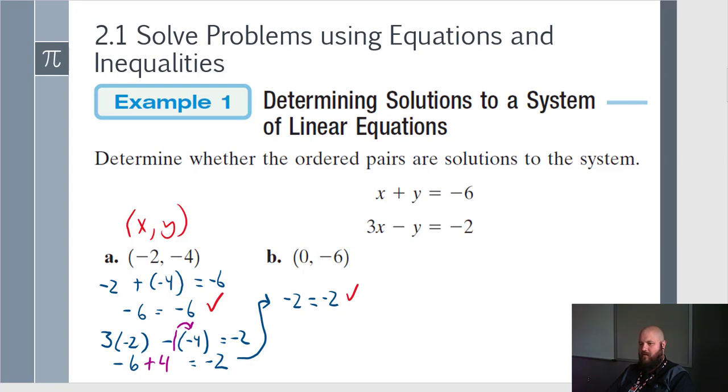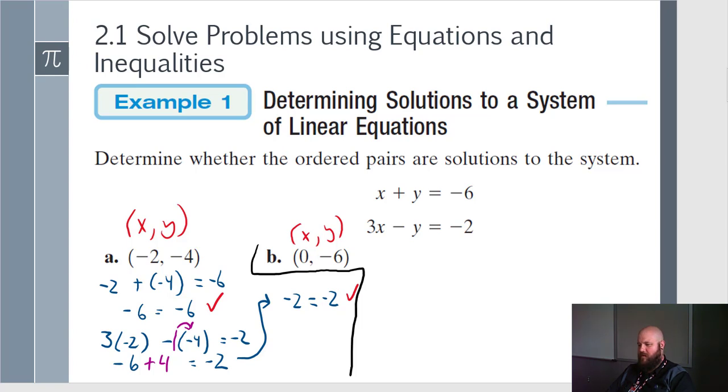Okay, so now let's do B. I'm going to line this off so that we don't get any of these confused. So now for our x value and our y value, this is just x is 0 and our y is a negative 6. Okay? So we're going to put these in the equation.